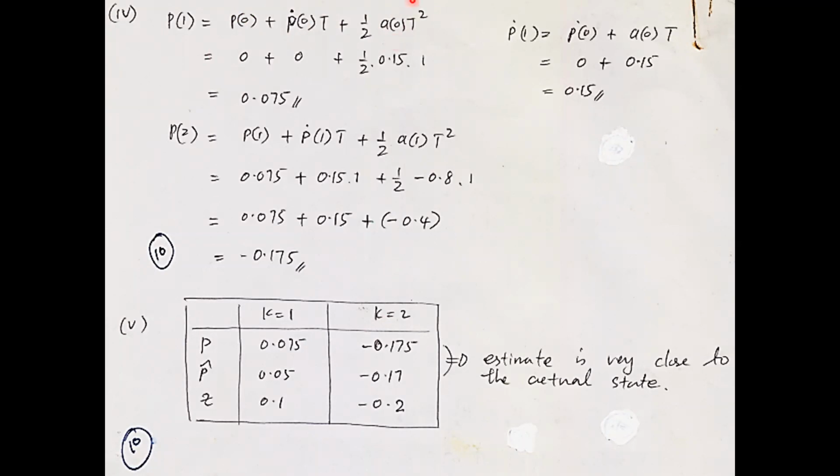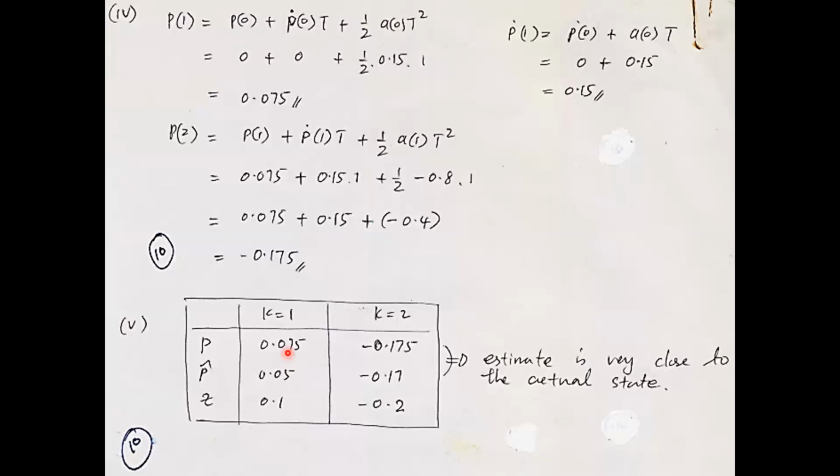For that you can substitute at k equals 0 the position, velocity, and acceleration. Put it there, and you will see p1 is 0.075. Put it over here.